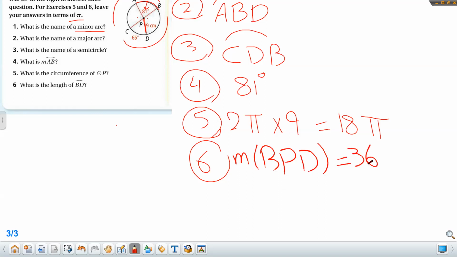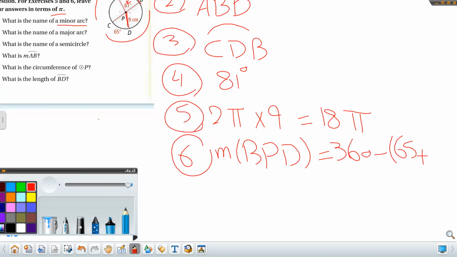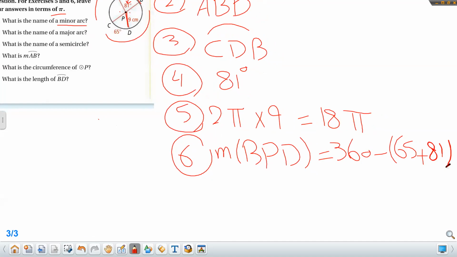So we can say 360 minus 65 plus 81. 65 plus 81 is 146.